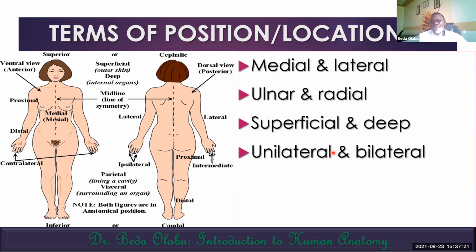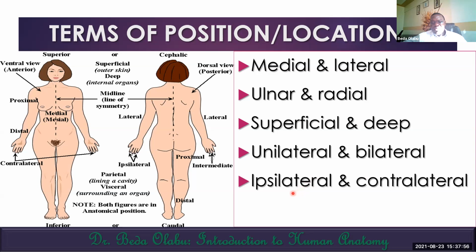That is unilateral. So it can either be the right side or the left side. Bilateral means both sides. So in this case, we are describing an event or a structure that occurs on both sides, which means right and left. So we use the term bilateral. Unilateral is one side, bilateral is both sides.